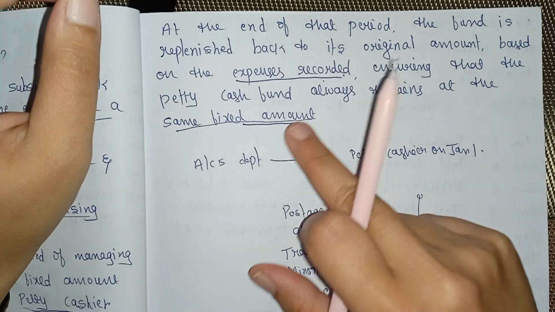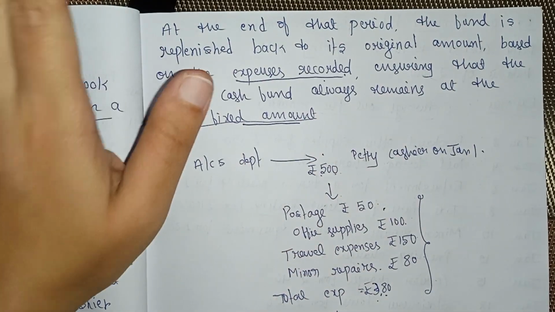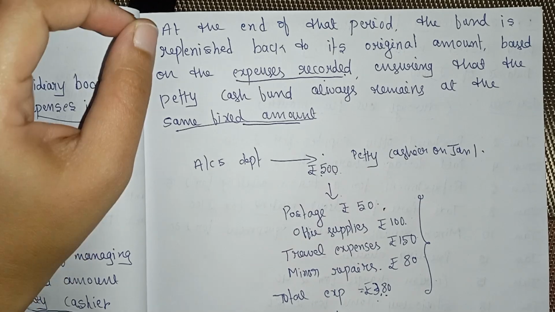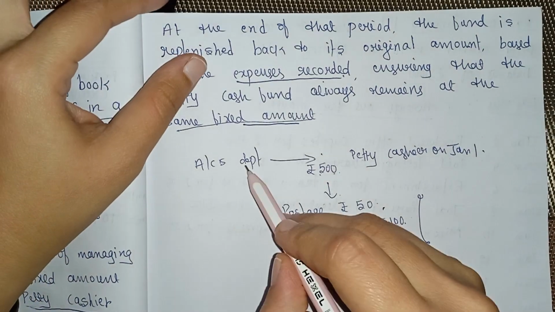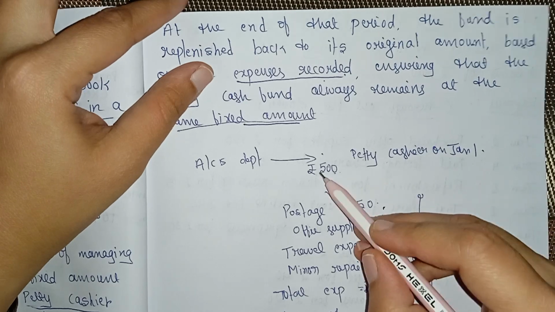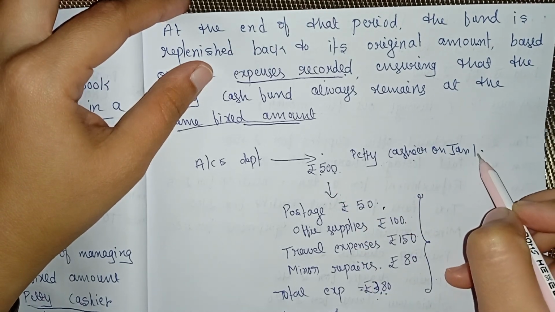Here I will explain this point through one example. Let's say a company allocates rupees 500 as the petty cash fund for the month of January. It means the accounts department will pay rupees 500 to the petty cashier for the month of January.